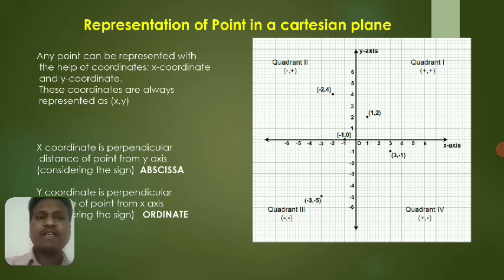So the x coordinate, that is 1, can also be called the abscissa, and the y coordinate, that is 2, is also called the ordinate. In other words, the x coordinate is 1 because if you draw a perpendicular line from the y axis, it is at 1 unit distance. Similarly, the y coordinate is 2 because if you draw a perpendicular line from the point to the x axis, you will get 2 units. That is why 1 is the abscissa, that is the x coordinate, and 2 is the ordinate, that is the y coordinate.